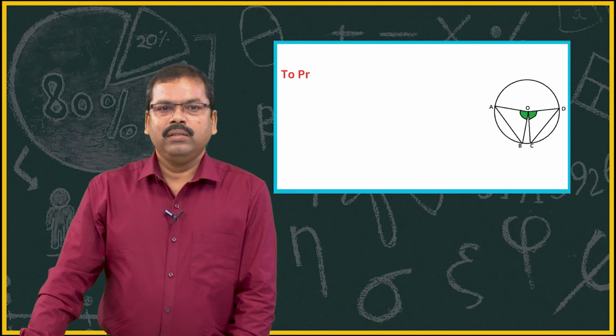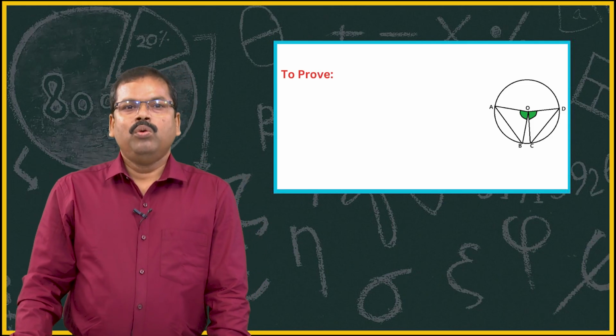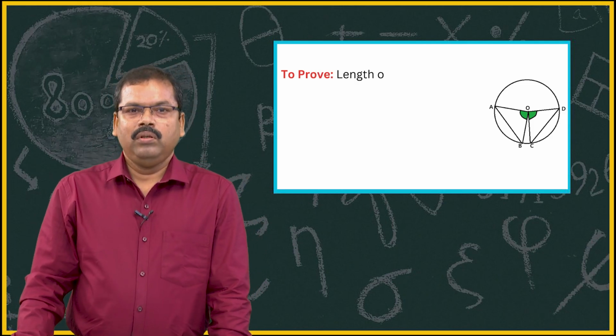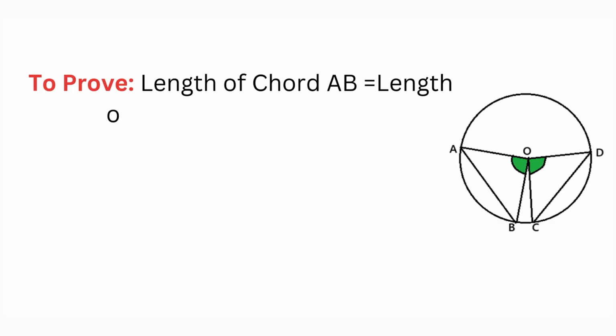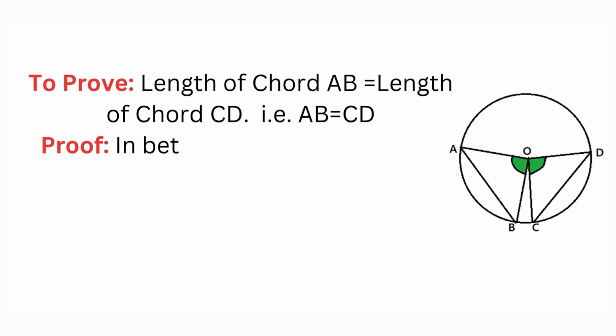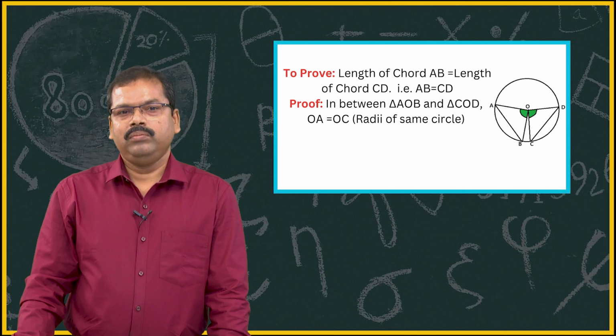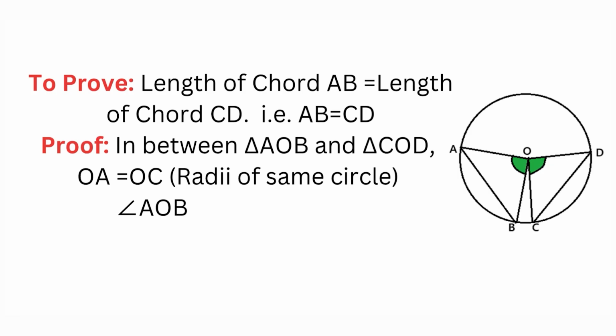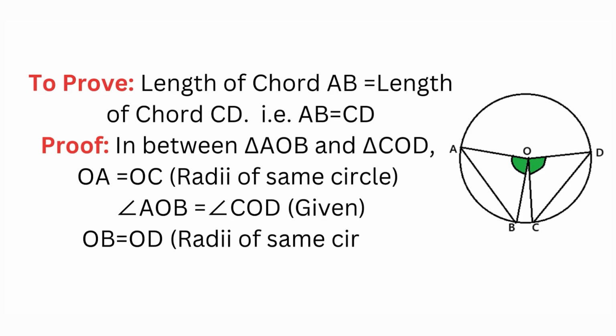Come to the proof part. Before that, we should know what to prove. Length of chord AB equal to length of chord CD, that is AB equal to CD. In triangle AOB and triangle COD, OA equal to OC. Why? Radii of the same circle. And it is given angle AOB equal to angle COD and OB equal to OD, radii of the same circle.